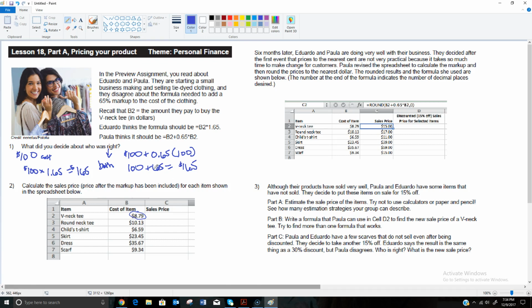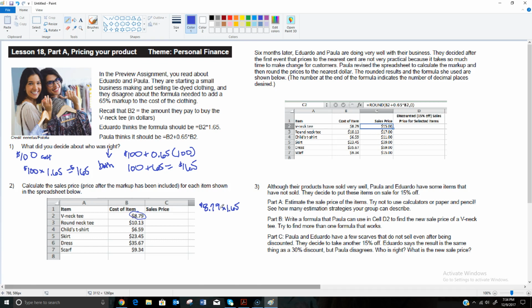Calculate the sales price after the markup for each item shown in the spreadsheet below. So I'm going to do a couple just to show how I'm doing it, and then I'll pause and magically fill in the rest of them. So for this one, for 8.79, we're going to take 8.79, and I'm going to use Eduardo's method because it's easier, times 1.65.